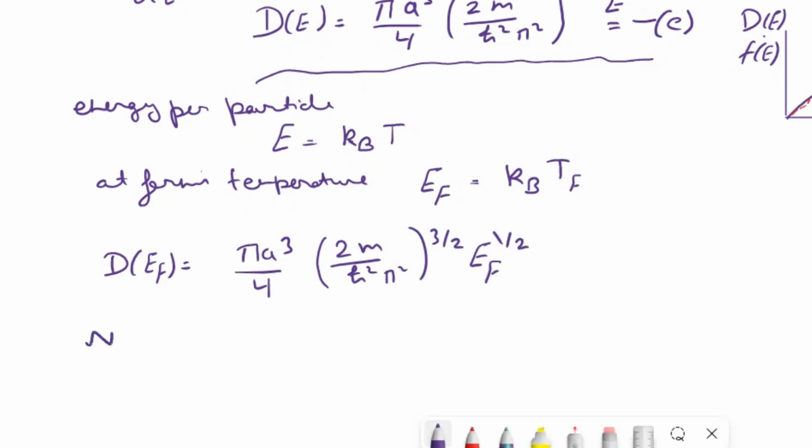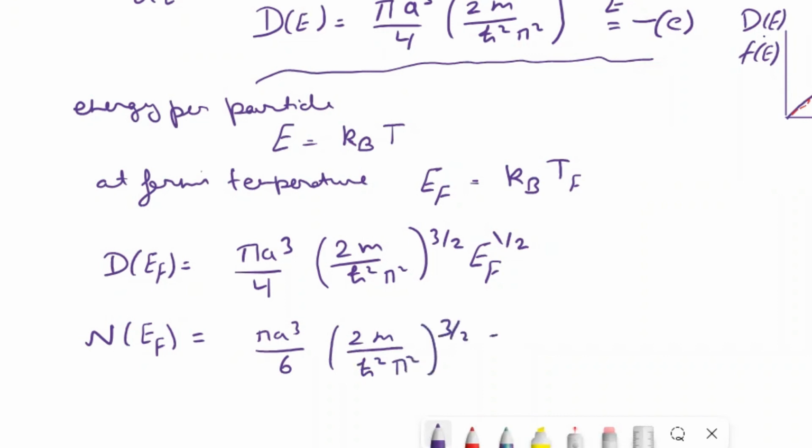And the energy of occupied states will be E cube upon 6, 2m square pi square to the power 3/2, and E_F to the power 3/2. Right?